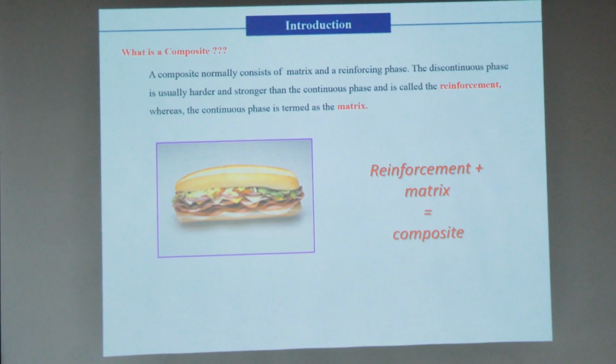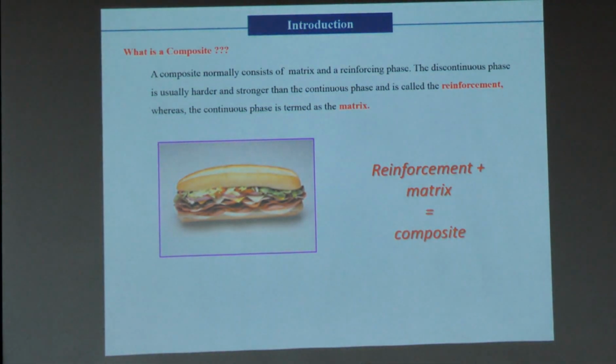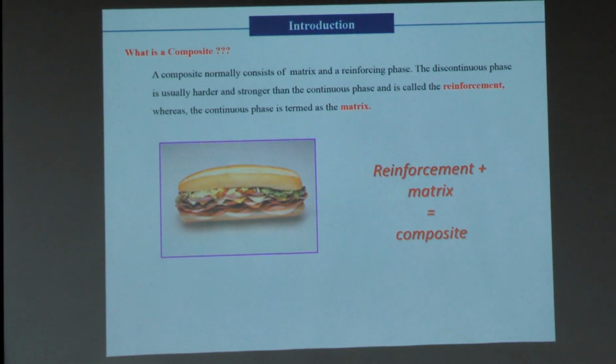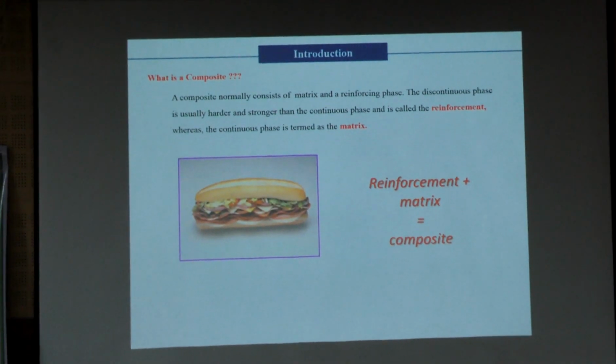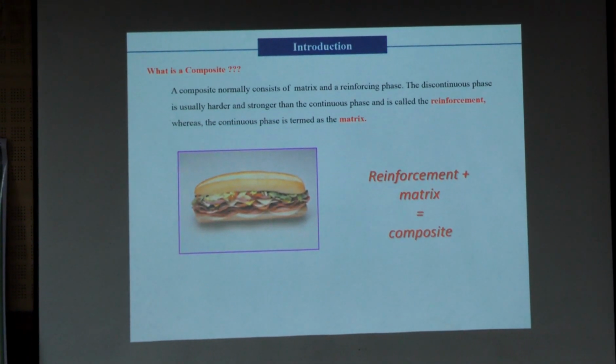So here we take some materials called reinforcement, and we fill that reinforcement into the base metal. It may be a material, not only metal, any other thing. That is called a matrix. So this is one example, like these are the reinforcement inside and this is the matrix, right?